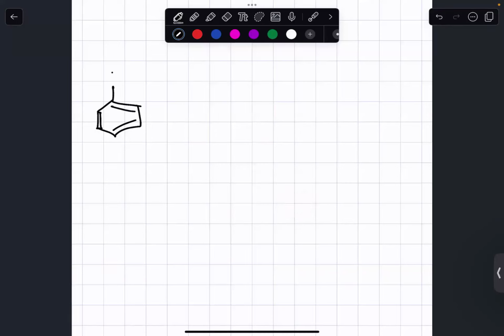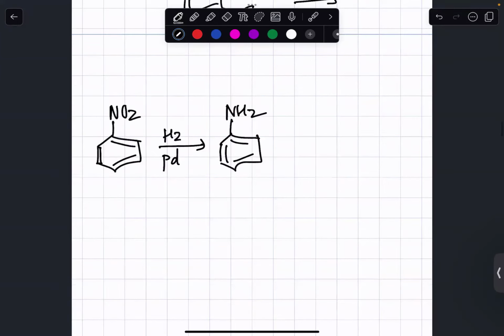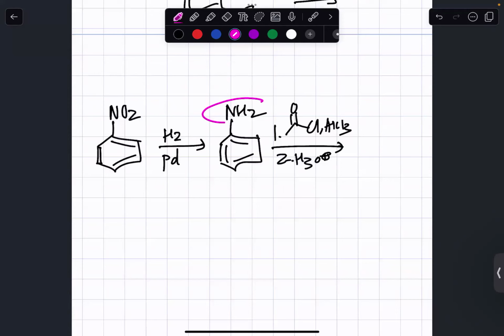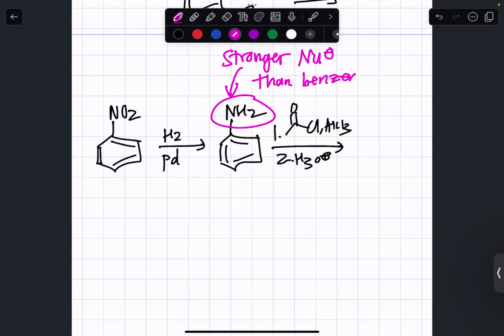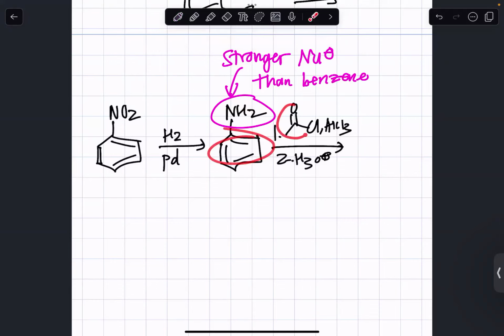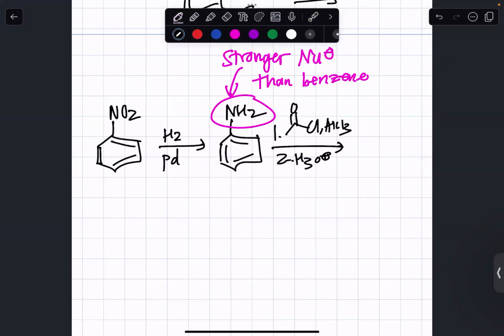If you reduce NO2 to NH2 using H2/Pd, and you try to do a Friedel-Crafts reaction, an important thing to note is that this NH2 here is a stronger nucleophile than the benzene. So the benzene will not react with this acyl group. What you would get instead is this right here.